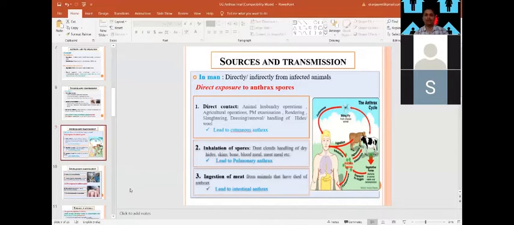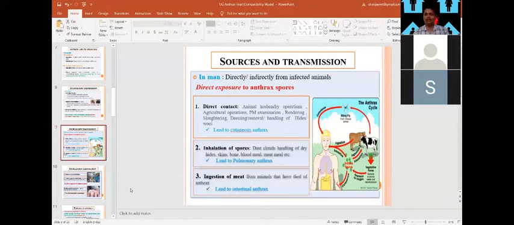The organisms may also be inhaled during various operations. As I told, persons involved in the wool sorting industry may be exposed to the spores of anthrax and develop pulmonary anthrax. That's why pulmonary anthrax is also called wool sorter's disease.